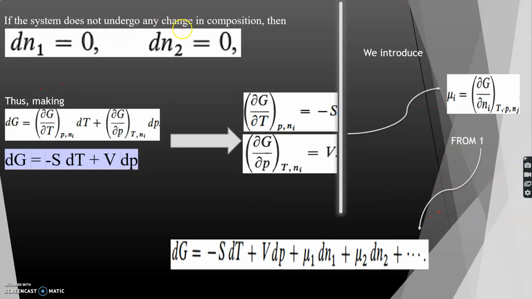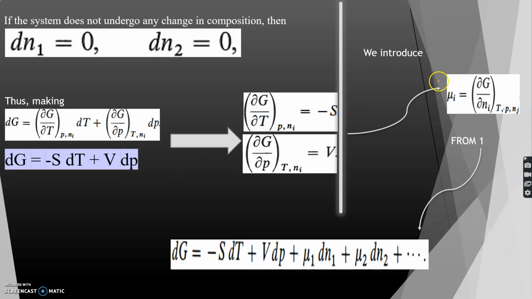Now suppose there is no change in composition, then equation 1 becomes dG is equal to del G by del T at constant pressure and composition dT plus del G by del P at constant temperature and composition dP. Now if we compare this with the fundamental equation, we see that del G by del T at constant pressure and number of moles becomes equal to minus S, and del G by del P at constant temperature and composition becomes equal to V.